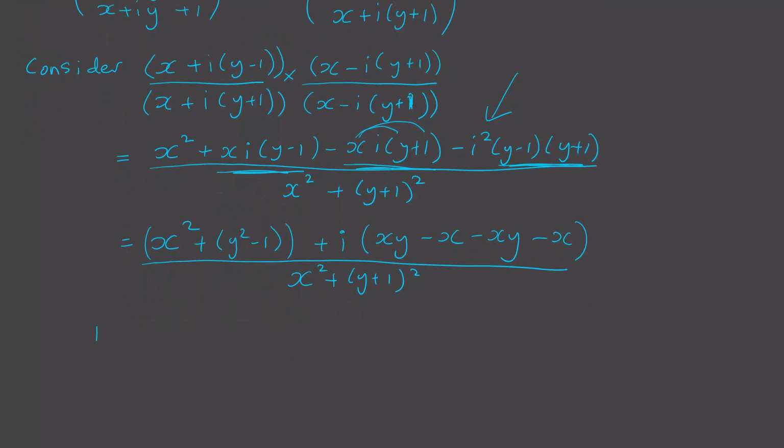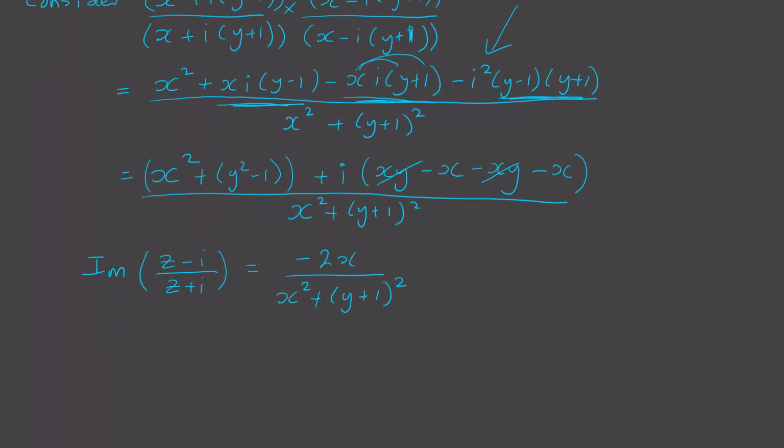So the imaginary part of (z minus i) over (z plus i) is going to be, so these xy's would cancel, negative 2x over x squared plus (y plus 1) all squared.